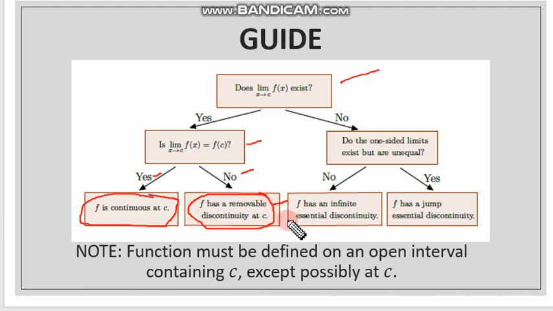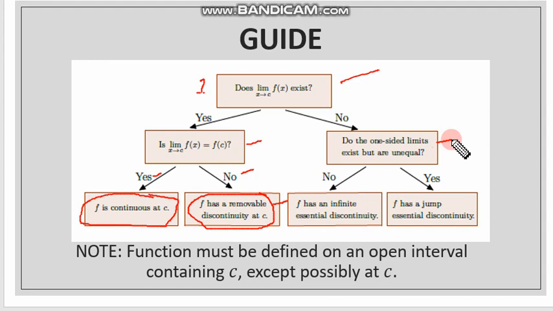So it means this is discontinuous because the value of the limit is not equal to the f of c, but the limit exists. Okay, back to the first question. Does the limit of the function as x approaches c exist? If your answer this time is no, then another question to be asked.